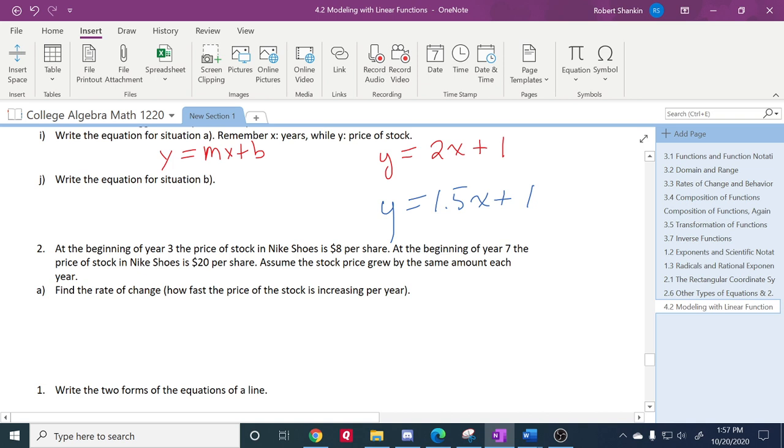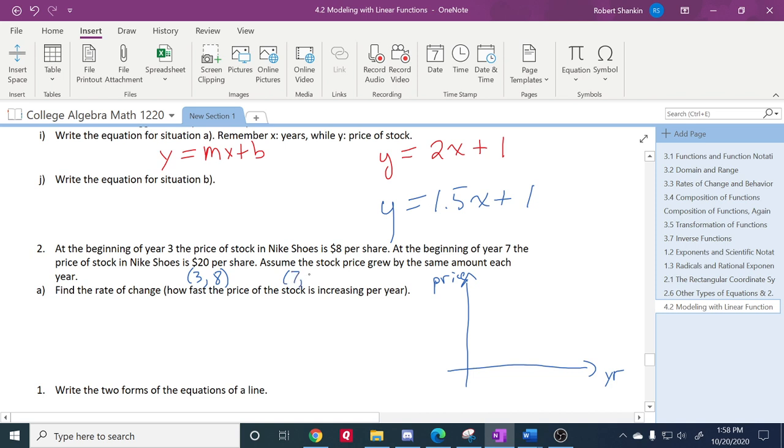Okay, we're running a little short on time here, so I'm going to have to go ahead. If I need a little graph here, I'd put the year here and the price of the stock over here. And you can see that the points are in year 3, it's 8.